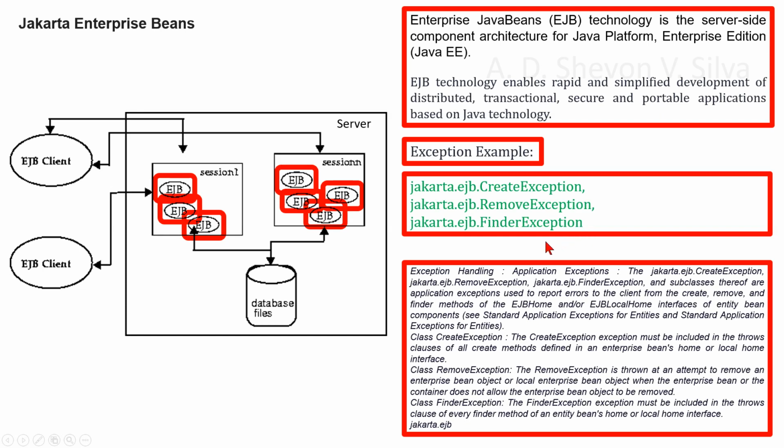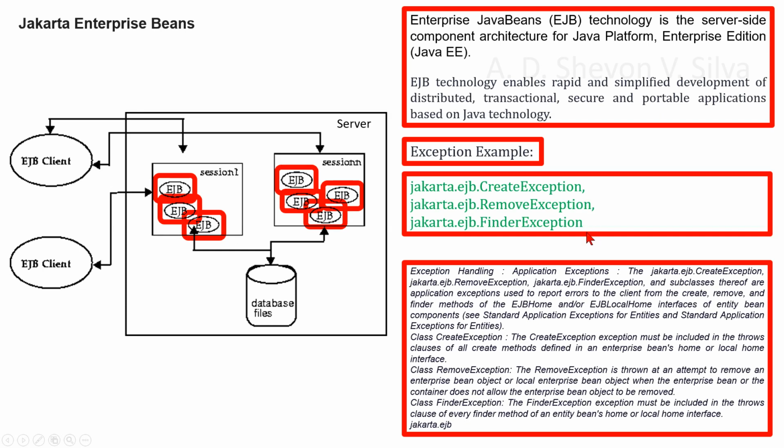Here the class CreateException: the CreateException must be included in the throws clauses of all create methods defined in the enterprise bean's home or local interface. The class RemoveException: the RemoveException is thrown at an attempt to remove an enterprise bean object or local enterprise bean object when the enterprise bean or the container does not allow the enterprise bean object to be removed.